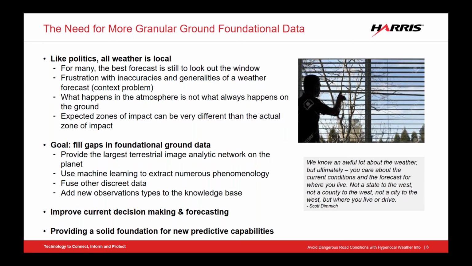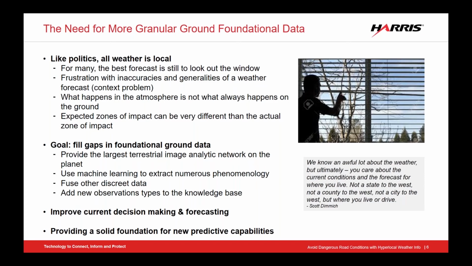Okay, so some of the goals that we're trying to solve here at Harris is filling the gaps in the foundational data. We believe that having a great foundation is the way to start to pull up additional capabilities from the foundational data into better prediction and better models and better forecasting.